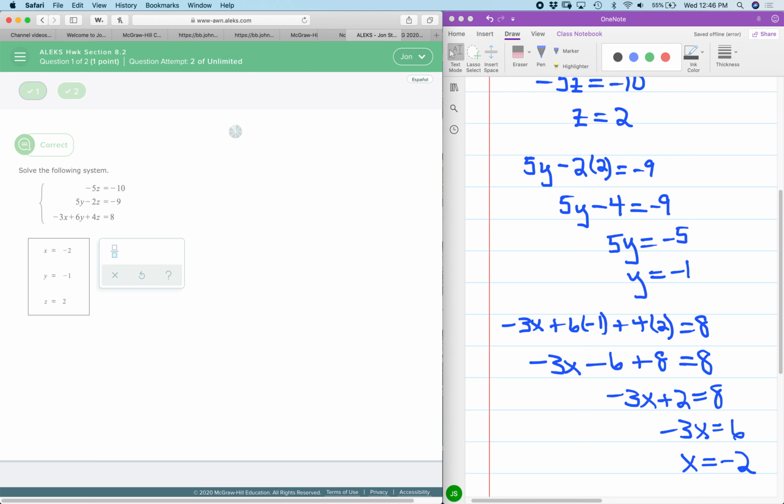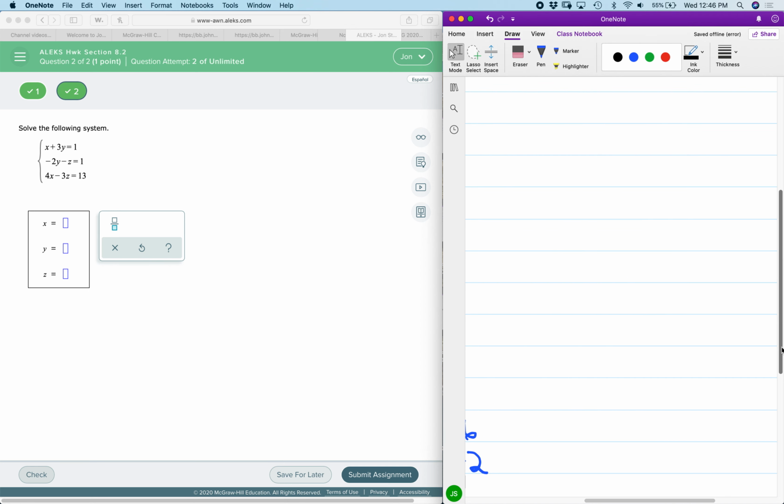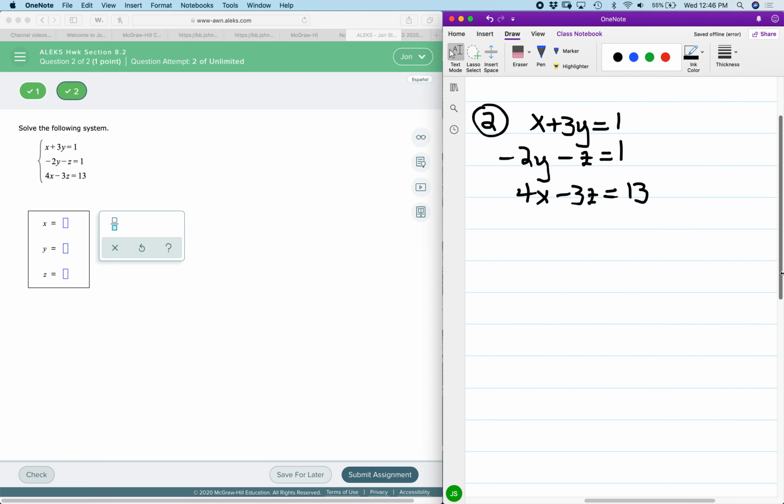For the second problem, we have another system of equations, and this one is a bit of a twister because we don't have one variable isolated. For the system, I have x plus 3y is equal to 1.